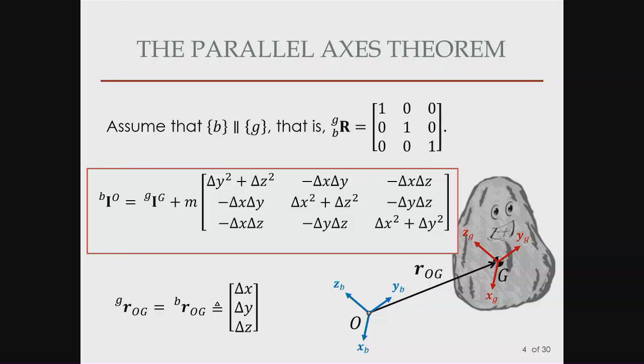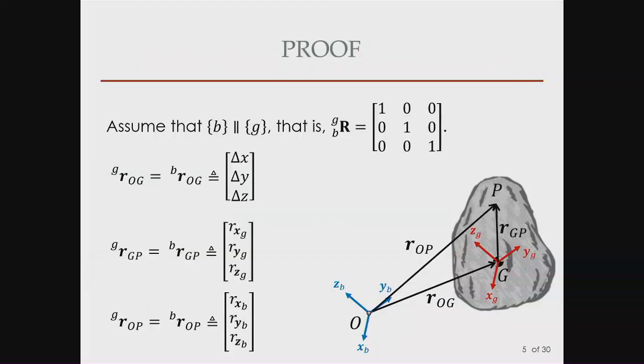For this one, this is the definition about G. And what I'm going to do is look at the similar one for point O. This ROP, I'm splitting it into ROG plus RGP.